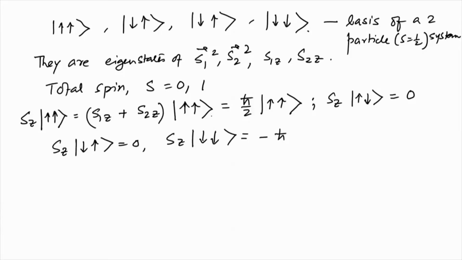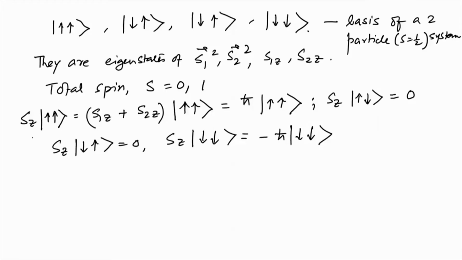Sorry, there is a minus h cross by 2 for each. So, there are 2 h cross by 2s which make it h cross. So, Sz on down down will give me a minus h cross and so on. So, these are the eigenvalues of the Sz operator.